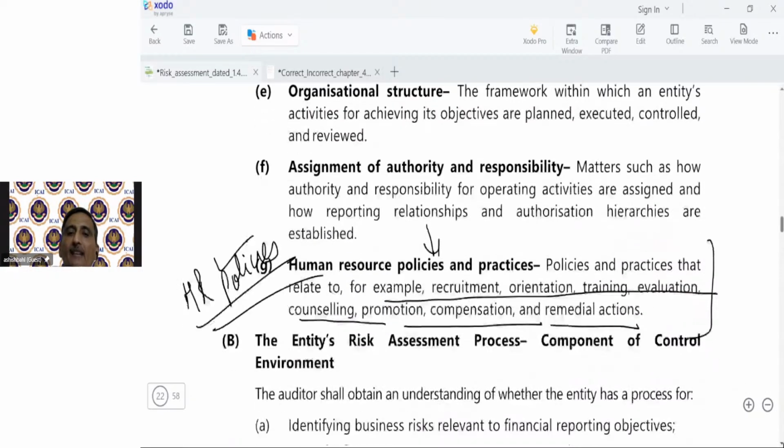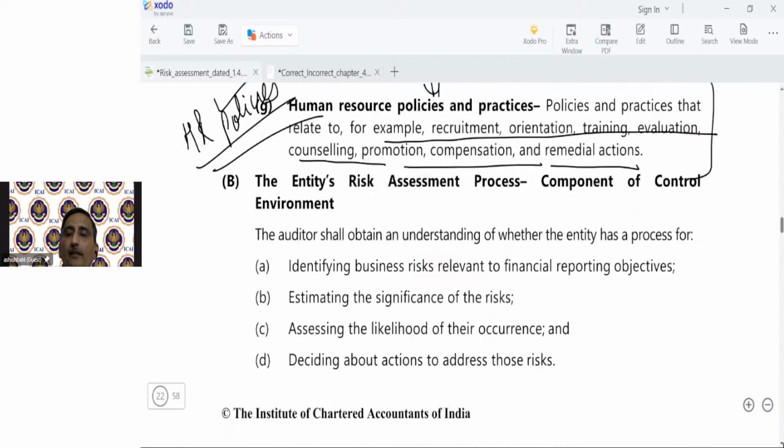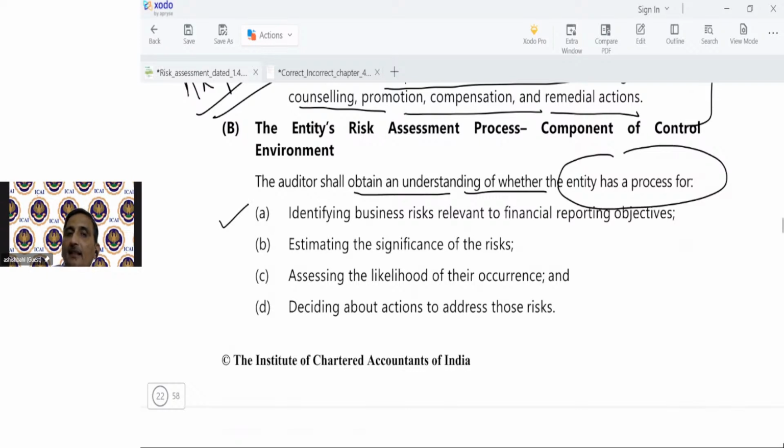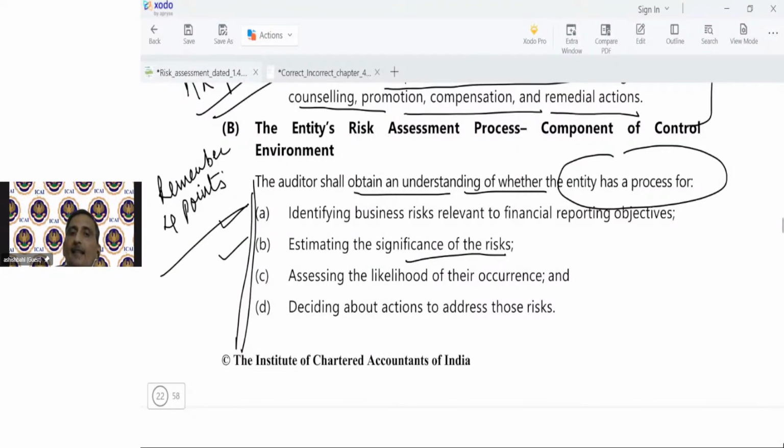Now the entity's risk assessment process, this we have also done. The auditor shall obtain an understanding of whether the entity has a process for identifying business risks, estimating the significance of these risks, assessing the likelihood of their occurrence, and deciding about actions.